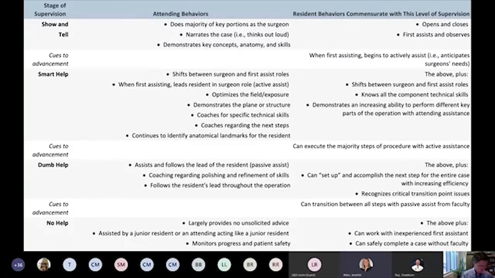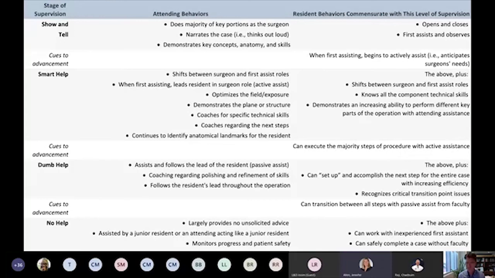Ralph, I'll just say I really liked this article when I read it. We talked about it a little bit when I came over to the EII Teaching Fellows group. And it's really nice when you get residents to a point where you mostly only have to offer dumb help in the OR, which is what I got to do yesterday.